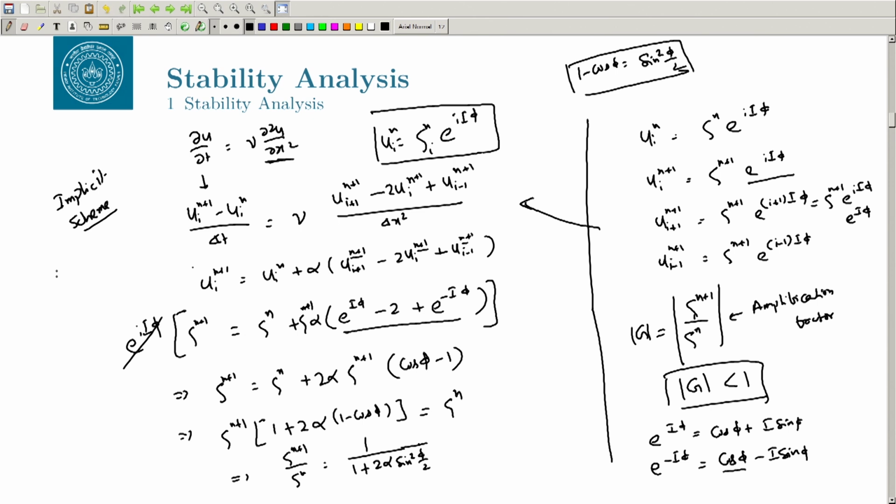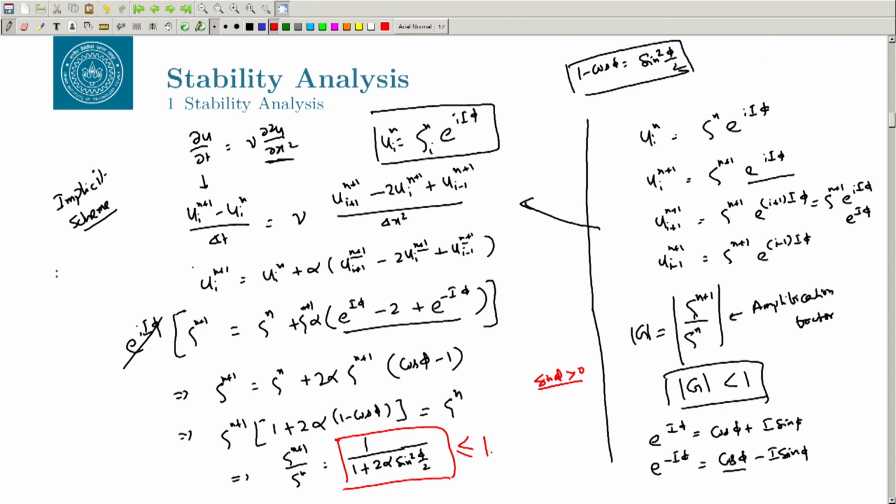Now, you can observe this expression closely, and because you know that alpha value is greater than 0, okay, sin phi value is greater than 0 and less than 1, right. So, this term, because the numerator is basically smaller than the denominator, right. So, numerator is 1 and denominator is 1 plus the alpha sin square phi by 2 term. So, this will be always less than or equal to 1. Okay, if phi equal to 0 or pi, then it equals 1, otherwise it will be always less than 1, right.